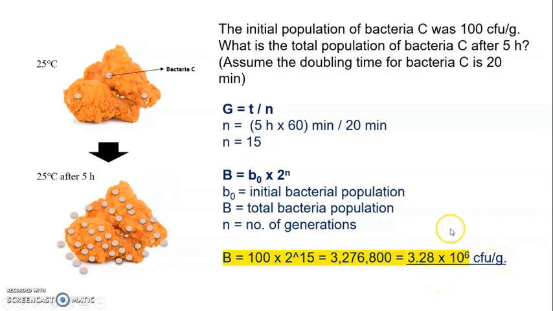In this case, I don't convert it into log because it will be much simpler in terms of calculation. I don't want to confuse you with the unit conversion, but I want you to understand the purpose of this example. Basically, this represents a food poisoning situation where certain food is left at ambient temperature.